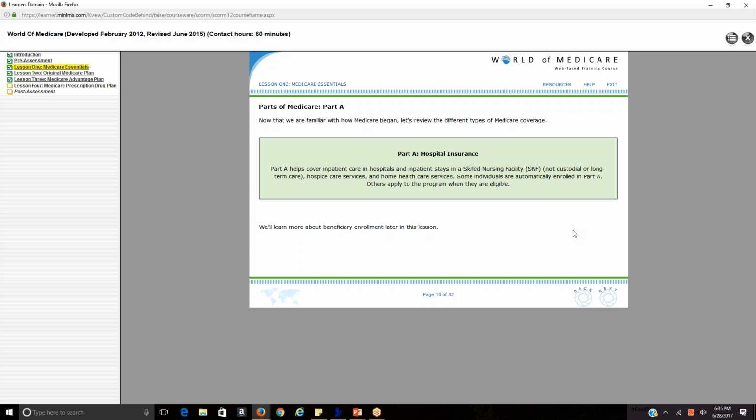So 40 quarters, 4 quarters per year, is equal to 10 years. So number one is you will have had to have worked as an employee of a company that takes Medicare deductions on your behalf and submits them to Medicare as basically your premium toward the Medicare Part A program.